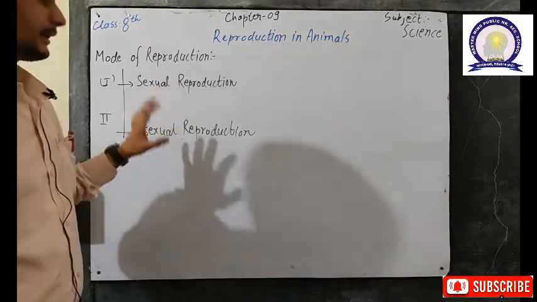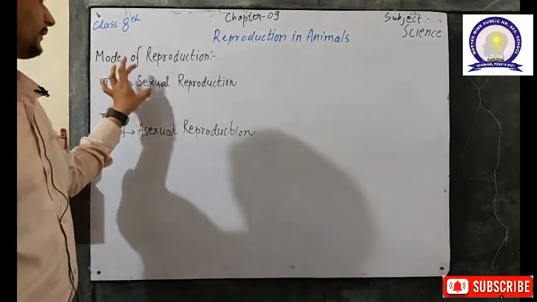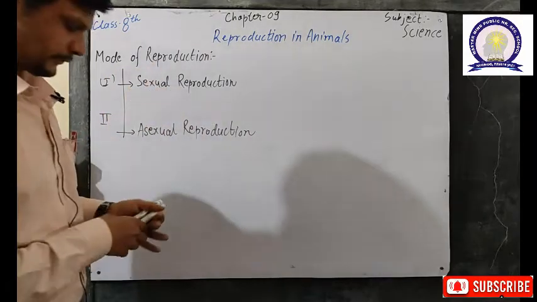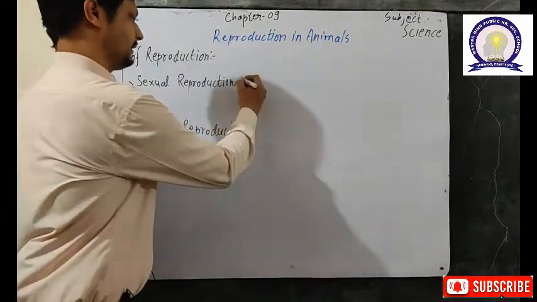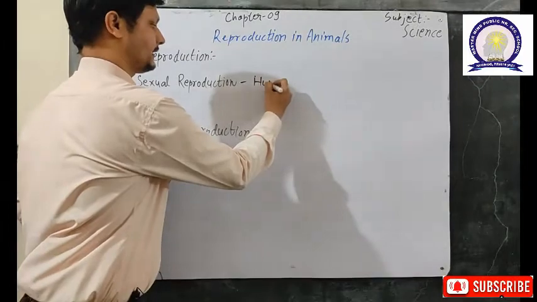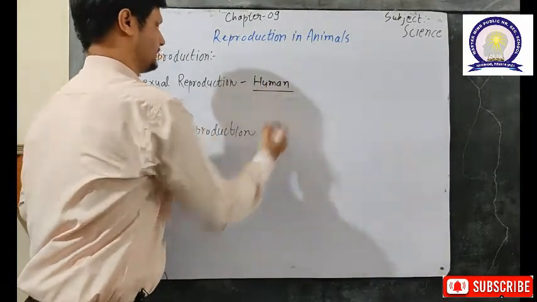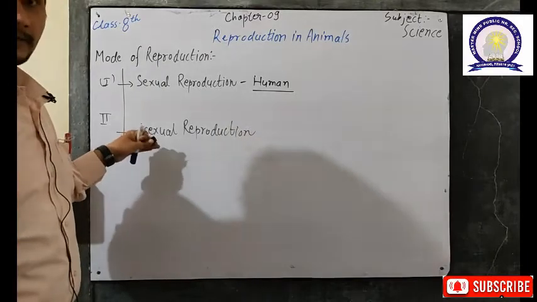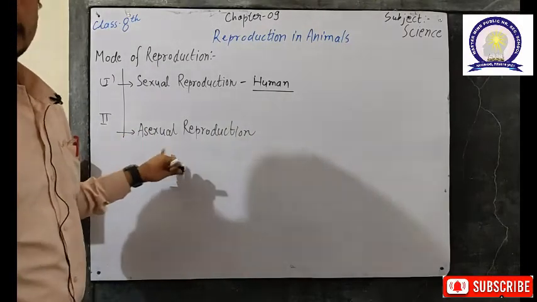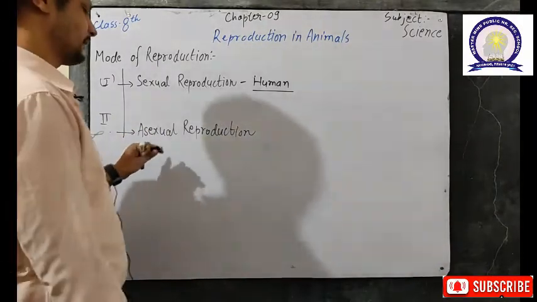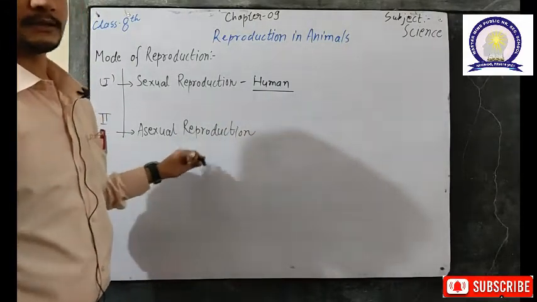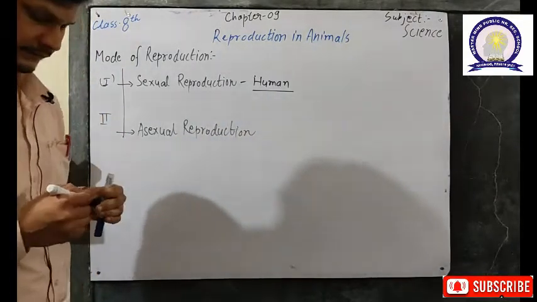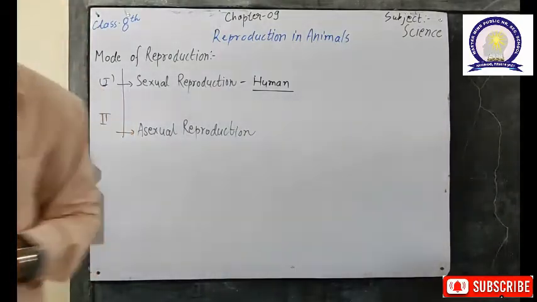In this chapter we only study sexual reproduction, and sexual reproduction in humans. That is our main topic in this chapter. You already studied asexual reproduction in class 7, but I am going to tell some few features of asexual reproduction in the further section.